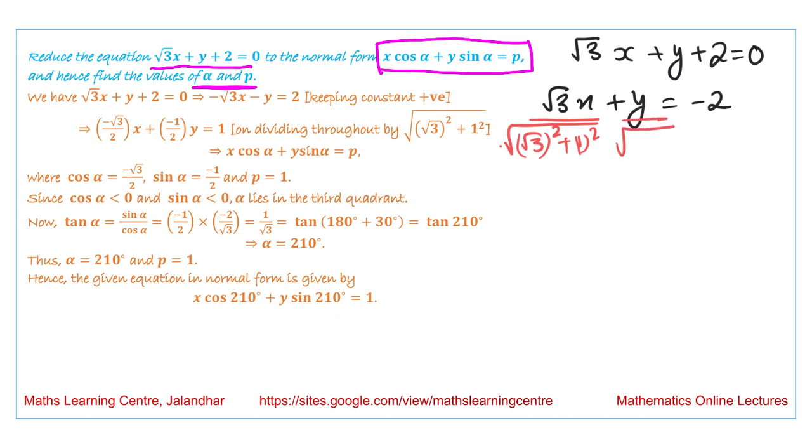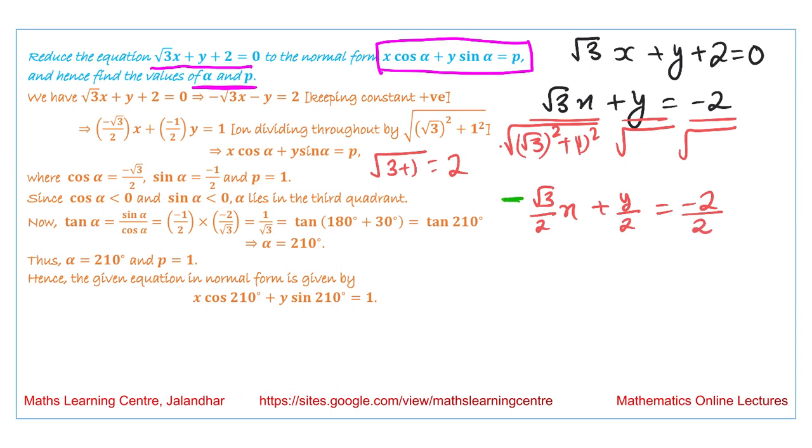We are dividing it with this term. Now, if we calculate the value of this term, it is the square root of 3 plus 1, the answer we have, that is equal to 2. So, we are writing it as root 3 by 2x plus y by 2 is equal to minus 2 divided by 2.